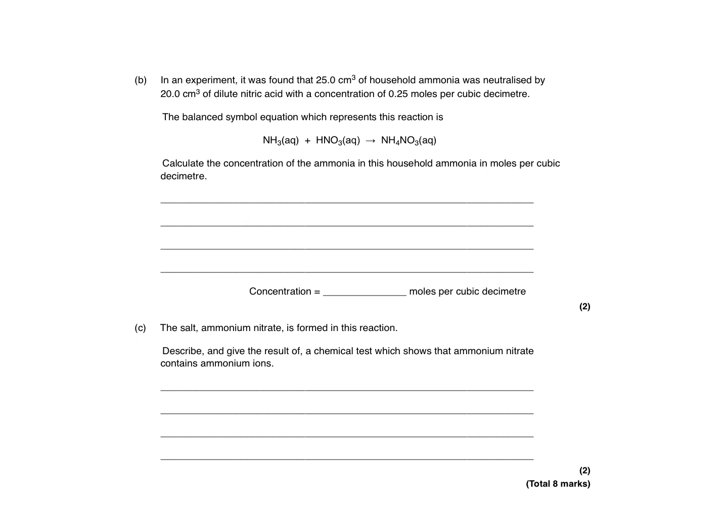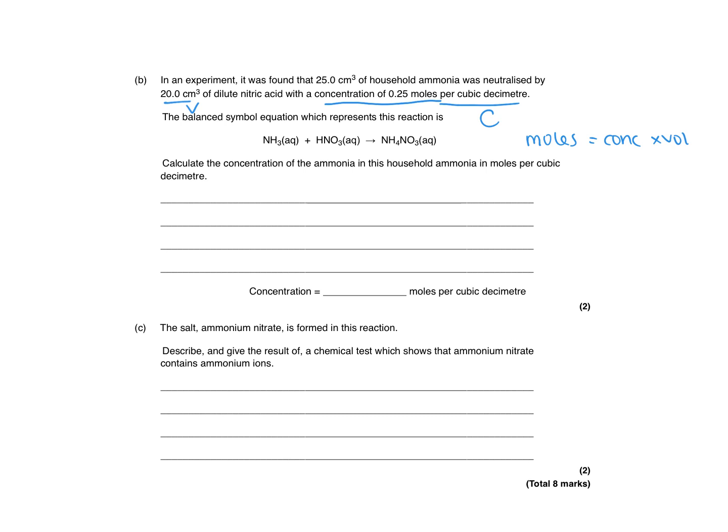Okay, so in an experiment, it was found that 25 cm³ of household ammonia was neutralised by 20 cm³ of nitric acid with a concentration of 0.25 moles per cubic decimetre. So we're given our concentration and our volume, and we're given our equation. Remember, you're always given the concentration and volume of one of the reactants. From this, you can find the number of moles using your formula: moles is equal to concentration times volume.